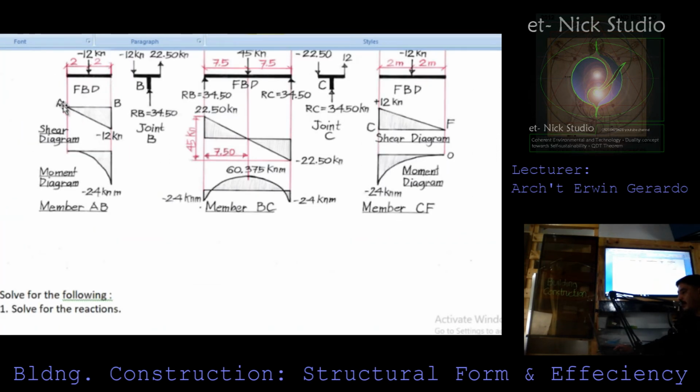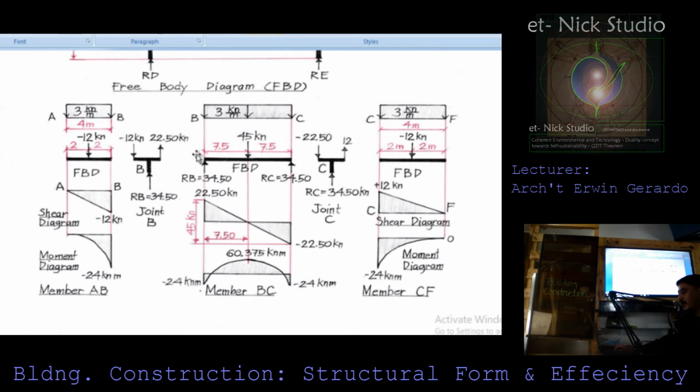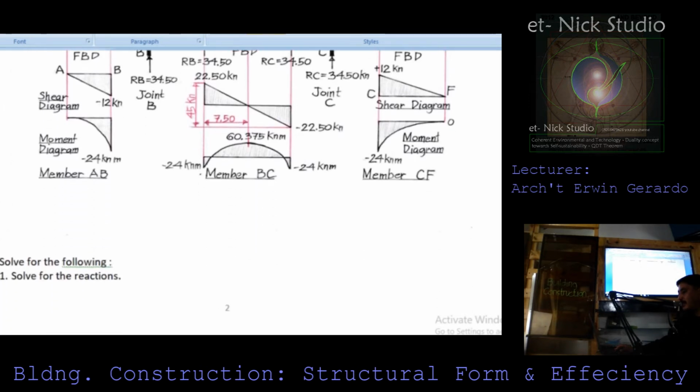This is actually 0 for the shear diagram. Because if you look at this, at A, there's no force being carried because it is found at the tip of the cantilever beam. So there's no support.